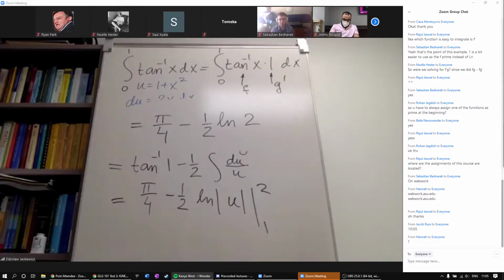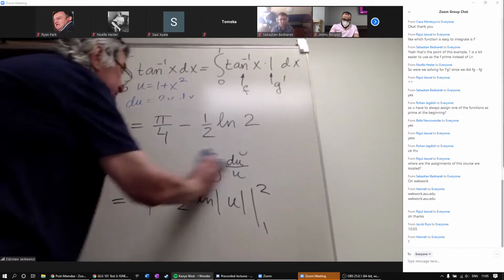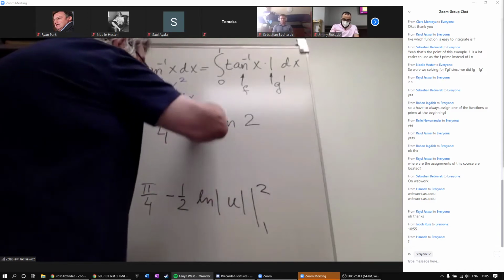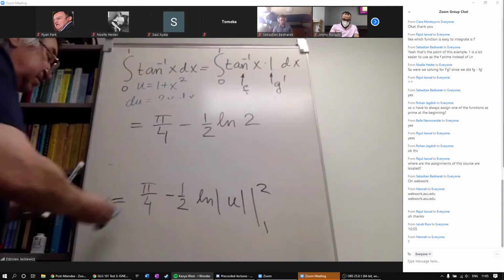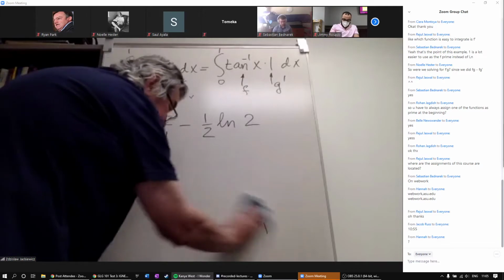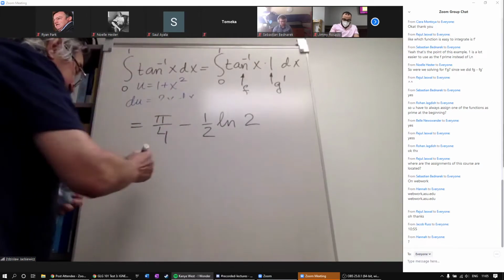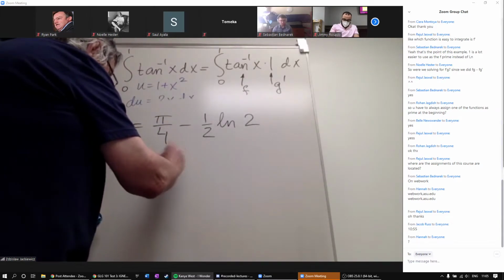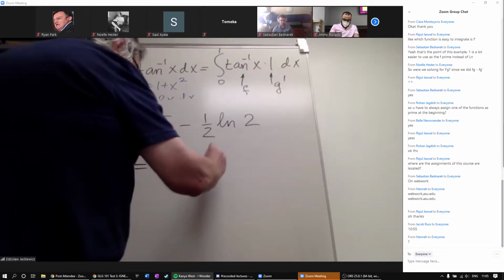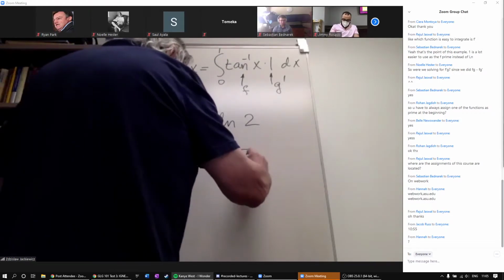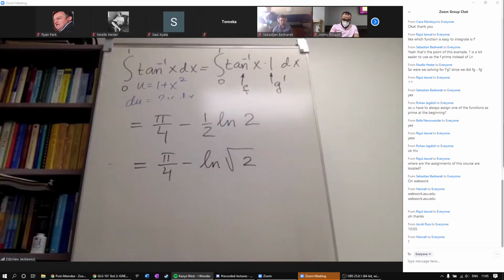So that's the final answer. Of course, if you want, you can put this 1/2 under the logarithm, and that will also be correct. So another version is pi over 4 minus ln square root 2, whatever you prefer.